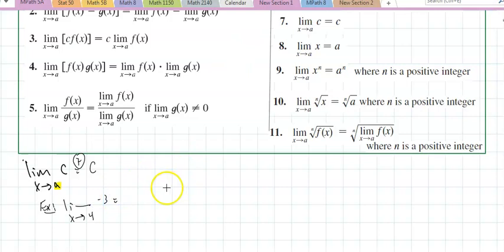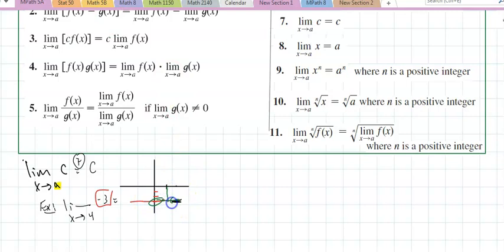Well, let's look at that graphically. That would be really quick to see. If I look at y equals negative 3, I would figure out quickly that no matter what x is, the y value is going to be negative 3 no matter what.